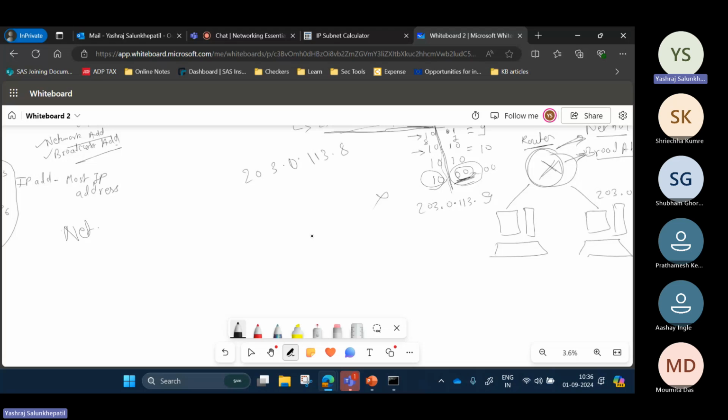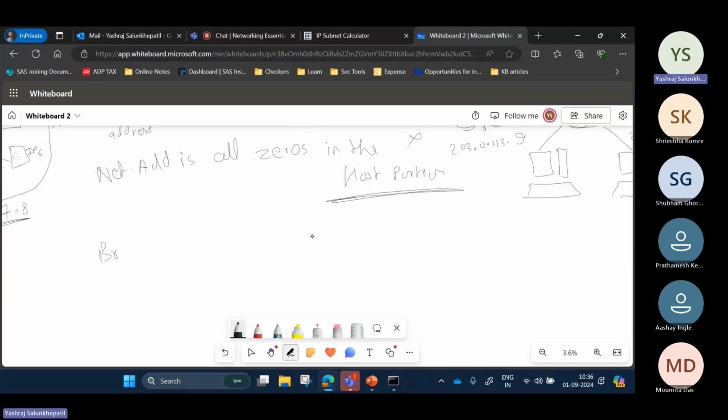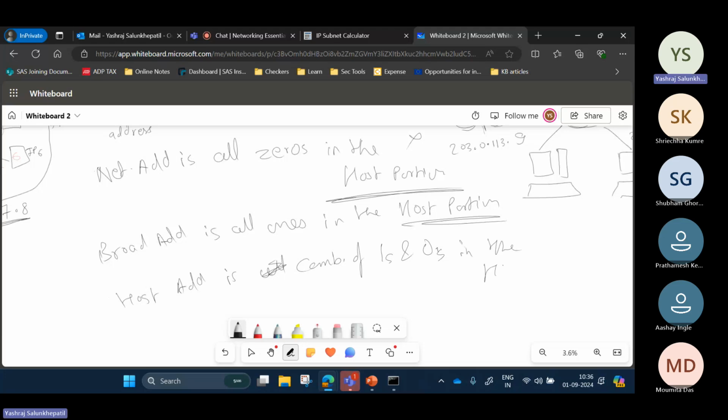So network address is all zeros in the host portion, this is important, ठीक है। Broadcast address is all ones in the host portion and अपना host address is a combination of ones and zeros in the host portion, okay.